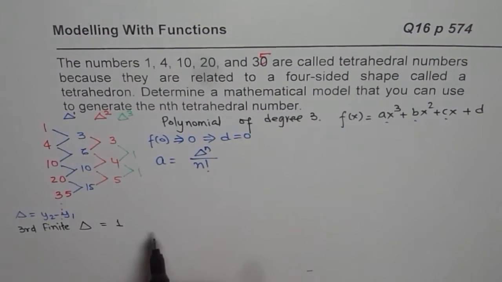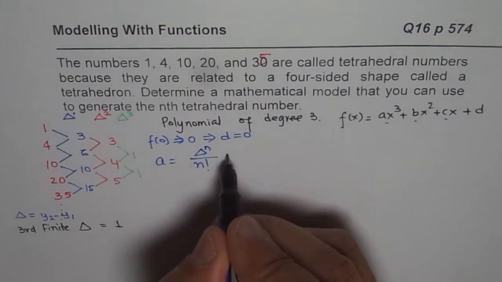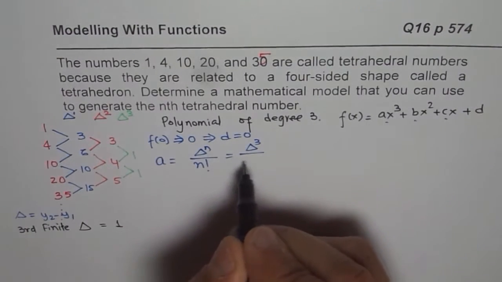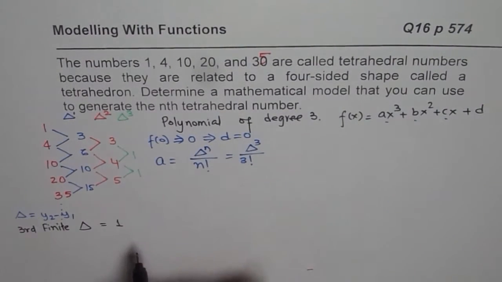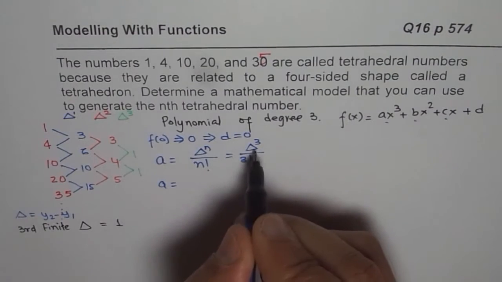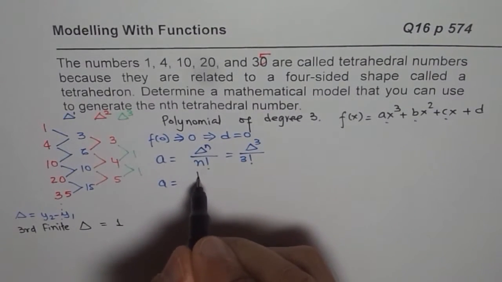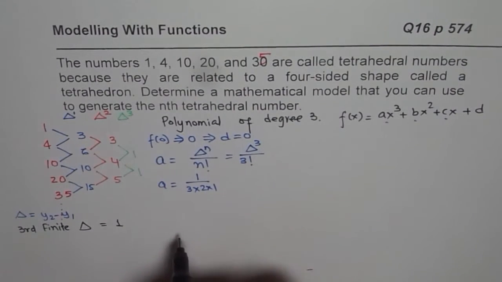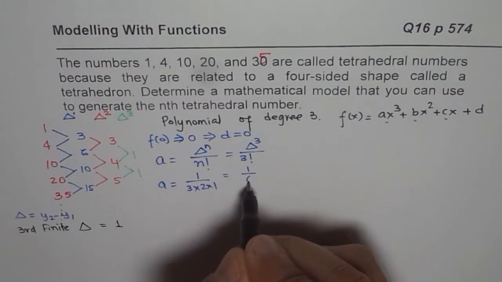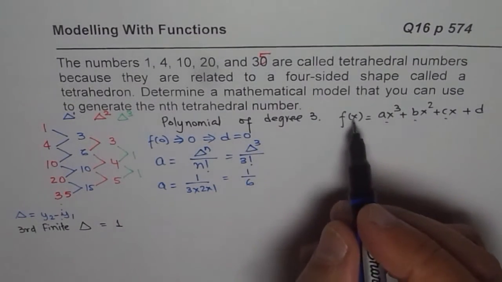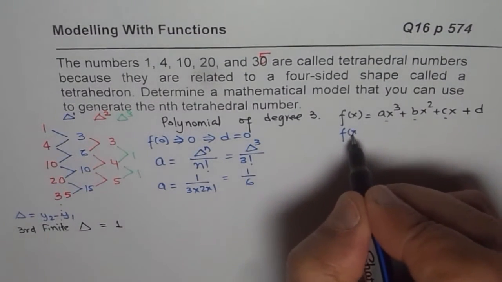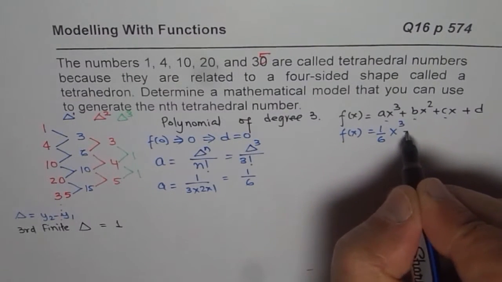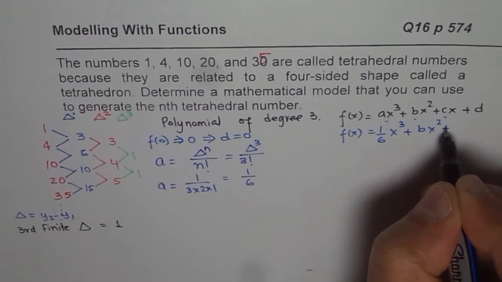So that gives you the leading coefficient's value. In our case we found that the third finite difference was constant. n factorial means 3 factorial, right? So we can write the value of a as the constant finite difference, which is 1, divided by 3 factorial, which means 3 times 2 times 1, so that is 1 over 6. So we get our function as f of x equals 1 over 6 x cubed plus bx squared plus cx.